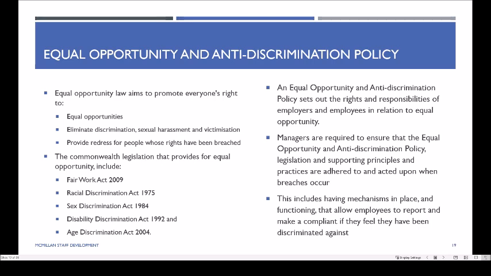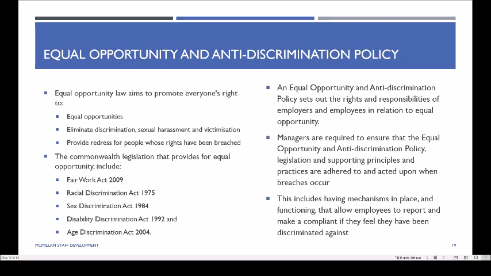So things like equal opportunity, often around things such as recruitment and promotion. And often it's used as well to provide redress for people whose rights have been breached. So it's an opportunity for people to right some wrong, depending on the nature of the discrimination and what's been alleged or investigated or challenged.